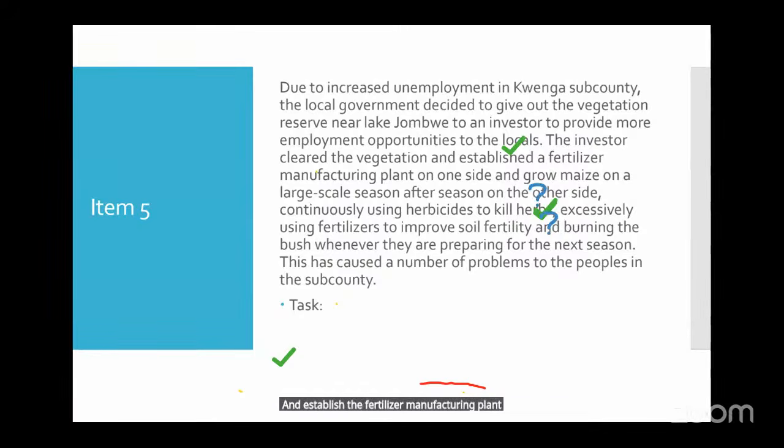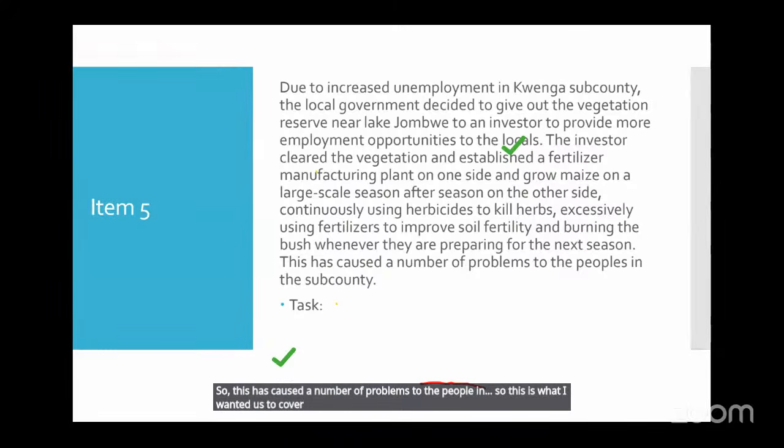On another side, they grow maize on a large scale, season after season, continuously using herbicides, excessively using fertilizers, and then burning the bushes whenever they are preparing for the next season. So this has caused a number of problems to the people. So this is what I wanted us to capture.